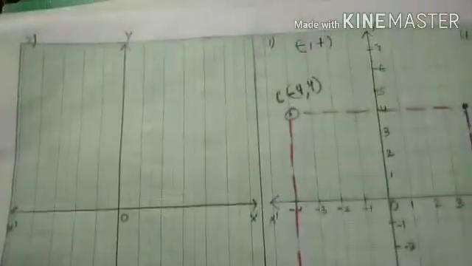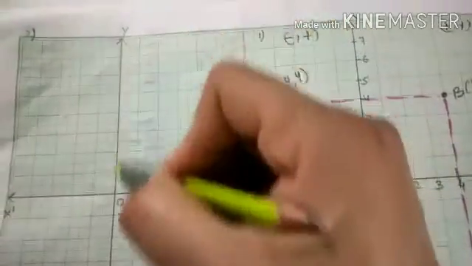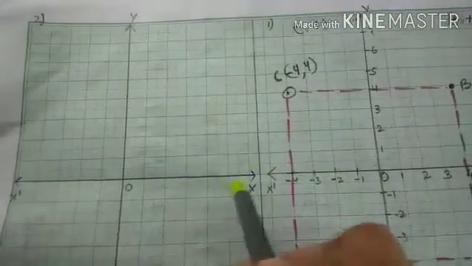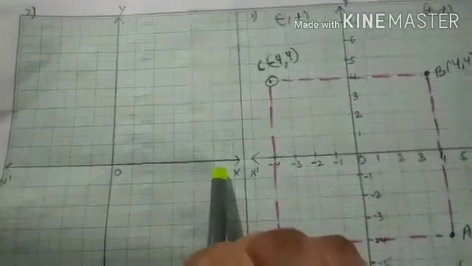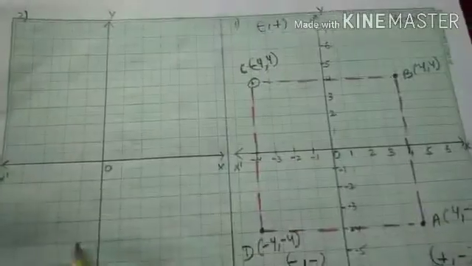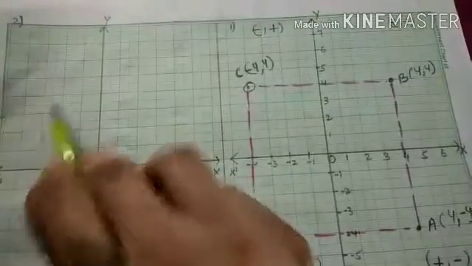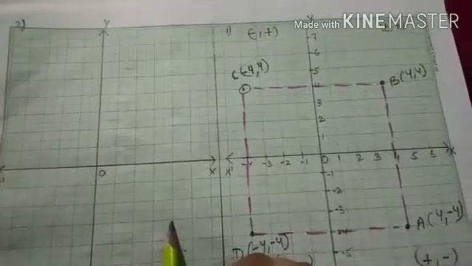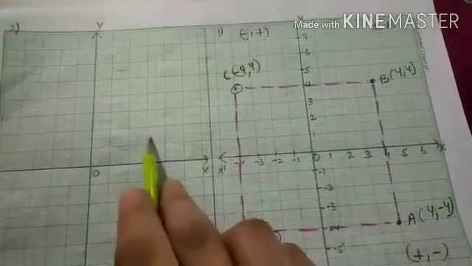Now this is the figure of question number 2. This is the y-axis and this is the x-axis. The first point we have is (3, 2). Again we know that this is the first quadrant, plus, plus; second, minus, plus; third, minus, minus; and fourth, plus, minus. So (3, 2) is in the first quadrant.